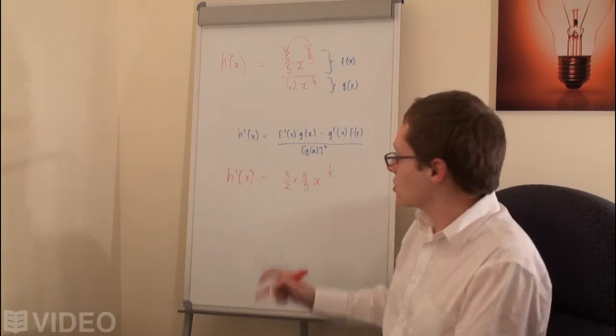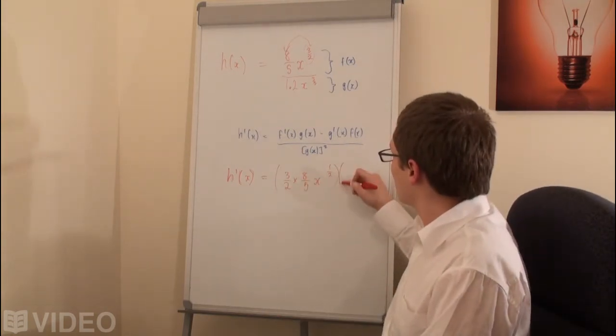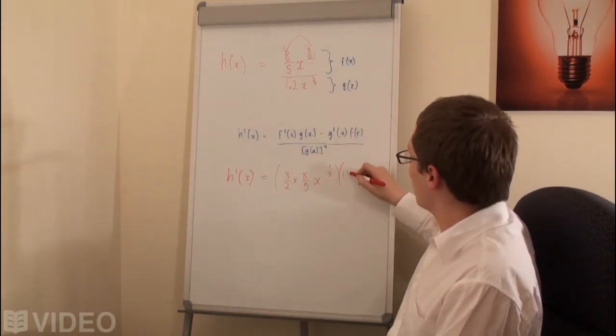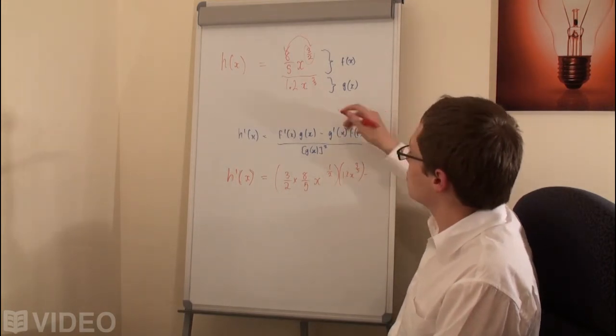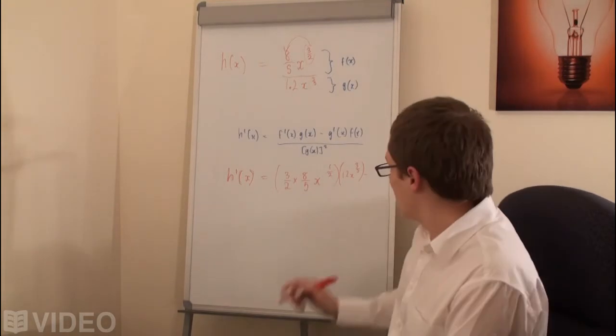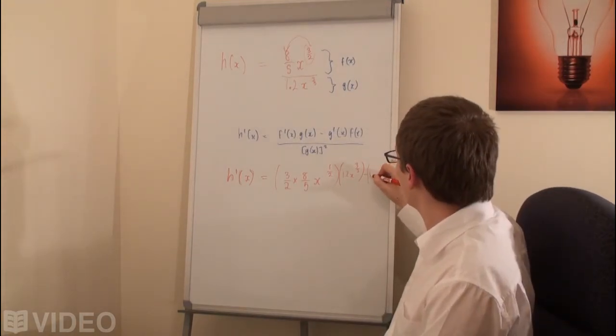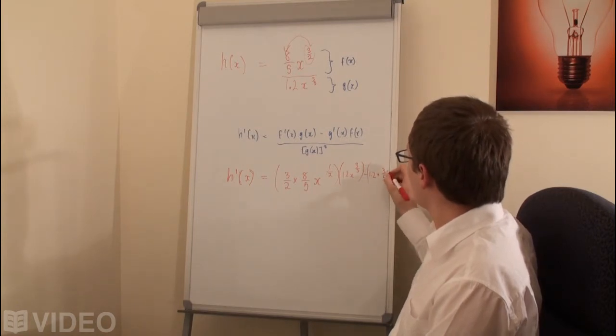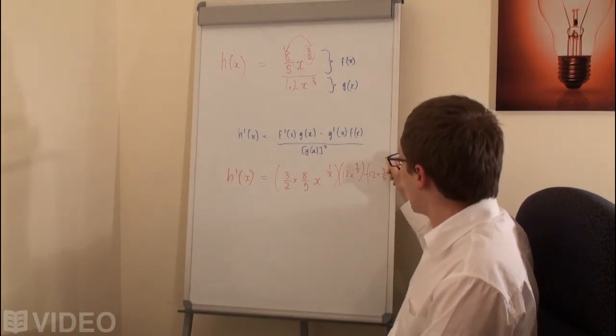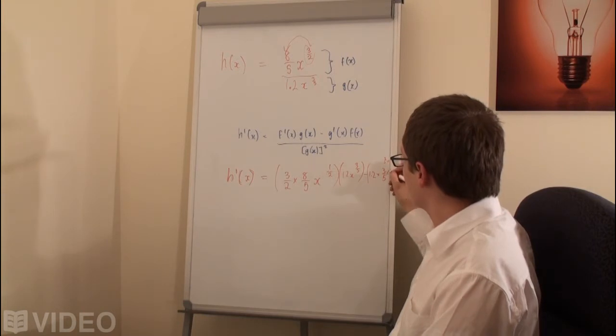And that's the first term differentiated. We then multiply it by the second term as it is, 1.2x to the 3 on 5, and then we take the derivative of the second term. The derivative of the second term is simply 1.2 times 3 on 5, and then x to the 3 on 5 take 1.